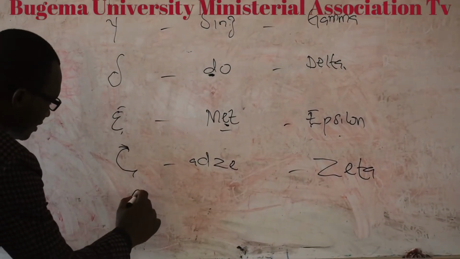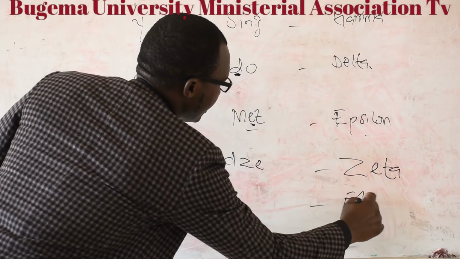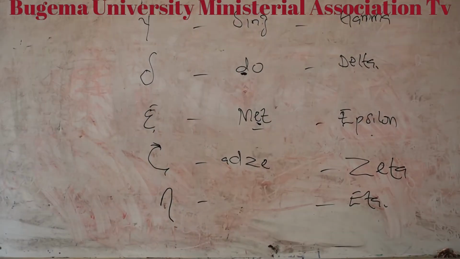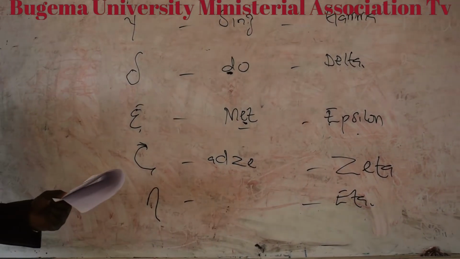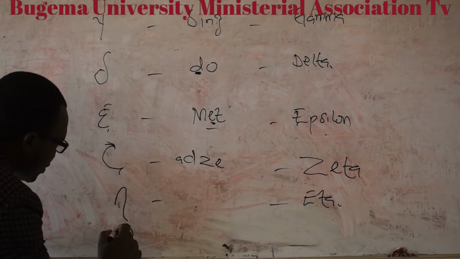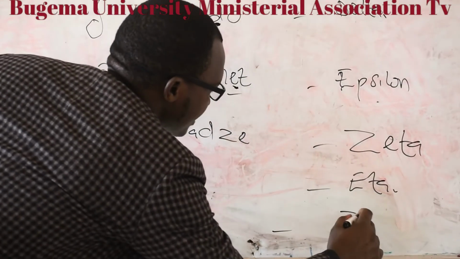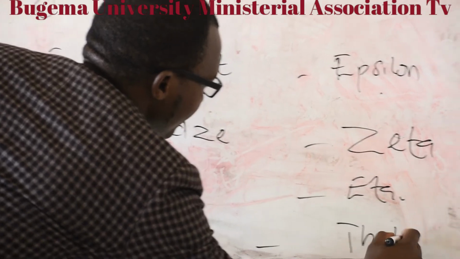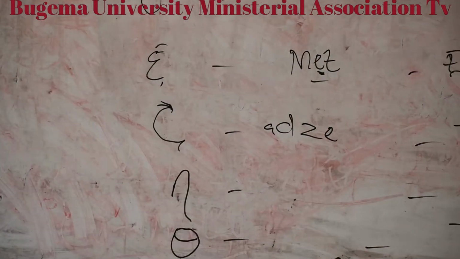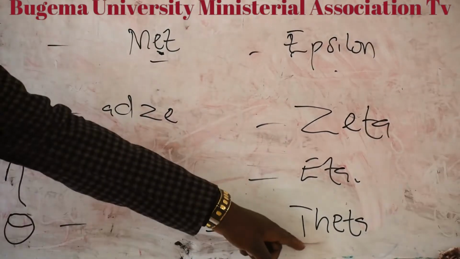Eta is written like this. This one is eta. Another one which follows that one is known as theta. This one you know from your mathematics class. Some of you, when you are doing your mathematics class, could pronounce this one as theta.